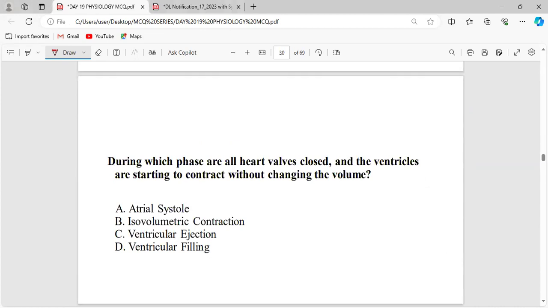During which phase are all the heart valves closed and the ventricles starting to contract without changing the volume? Here, all the heart valves are getting closed and the ventricle starts to contract without changing the volume.